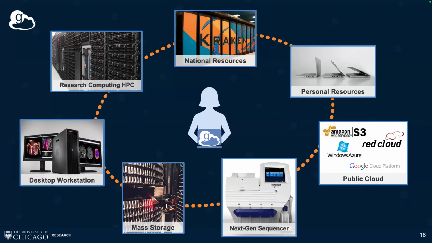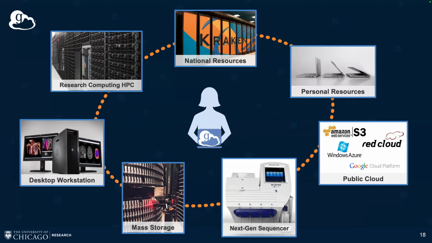You have a single interface, the Globus interface, and you use that interface to access all of that data, whatever kind of platform it's on. So you only really need to know the Globus interface to move data, let's say even from S3 to Google, for example. Whereas if you didn't have Globus, that would be an adventure in figuring out how to authenticate to both S3 and to Google and how to get those two systems to talk to each other.